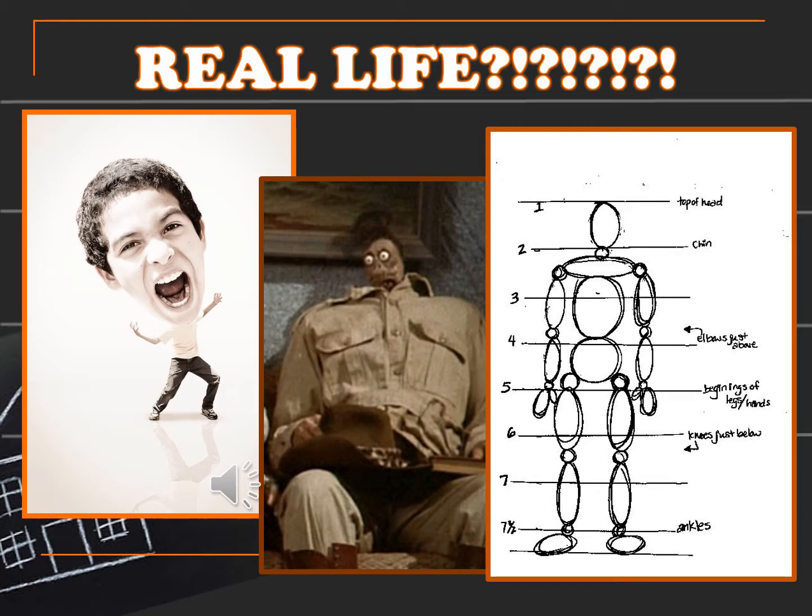In the second example, I don't know if you've ever seen the movie Beetlejuice, but this guy has a head that is much smaller than his body. I think you all would also agree that this does not look normal. So this would be not proportional.